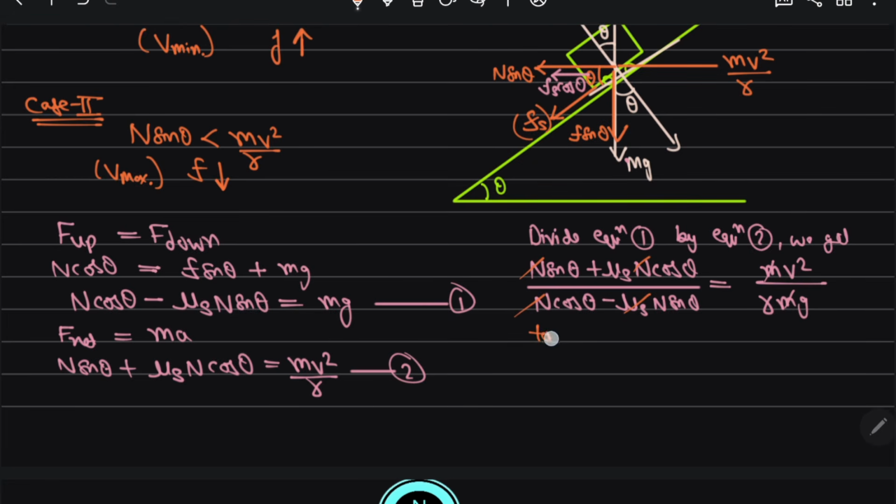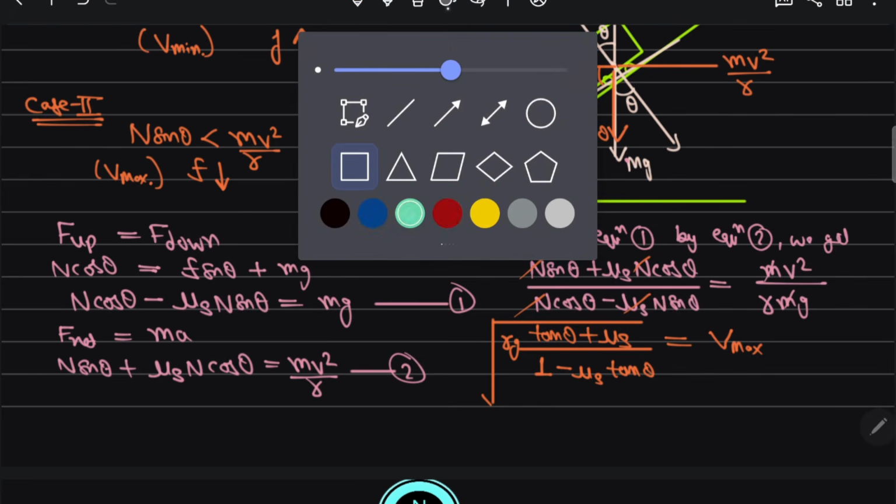So this becomes tan theta plus mu s over 1 minus mu s tan theta, which is equal to v square by rg. The rg comes to the other side and the square root also comes on that side. So this is our v max.